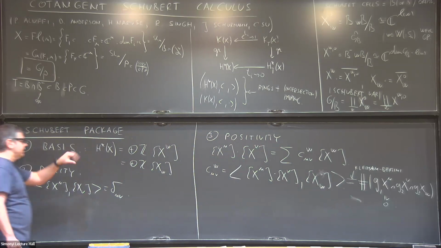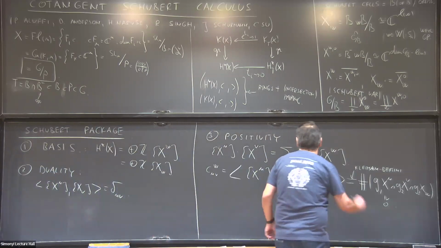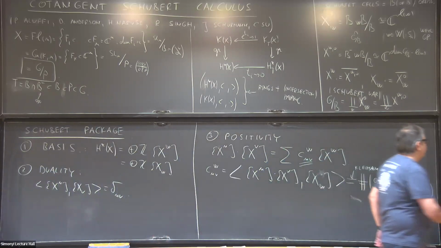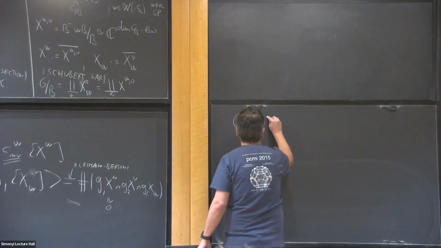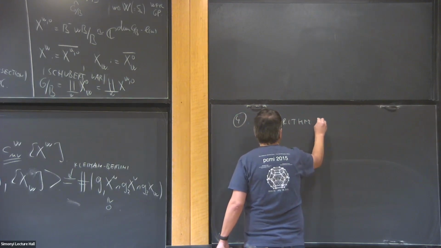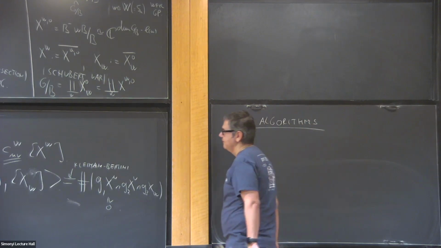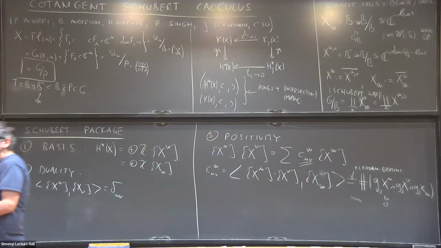Okay, so far this is more theoretical, but of course the big question is, how do we actually calculate such things? And this would be the fourth part of the Schubert package, which in some sense is the larger one. So the algorithmic part. The question is, how do you calculate such things?